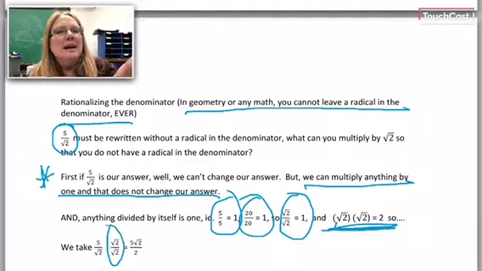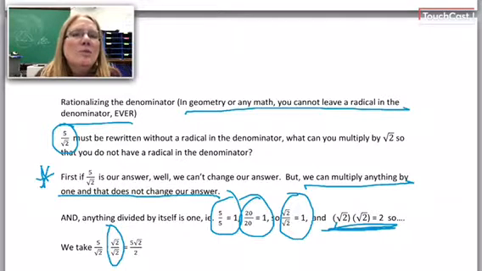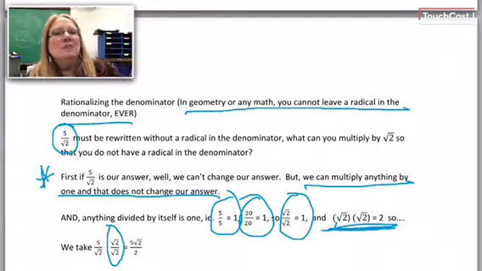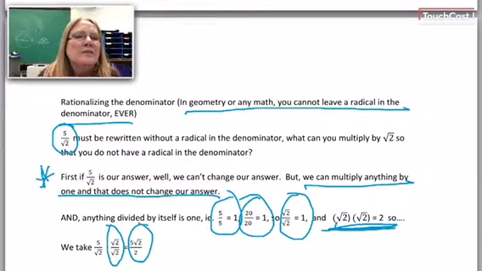We're going to multiply that by the square root of 2 over the square root of 2, because that is 1. We're not changing our answer, but we get rid of the radical. So in the top, you just get 5 times the square root of 2, and in the bottom you get 2. This then becomes your answer. So all we did is change 5 divided by the square root of 2 and get rid of the radical in the denominator.